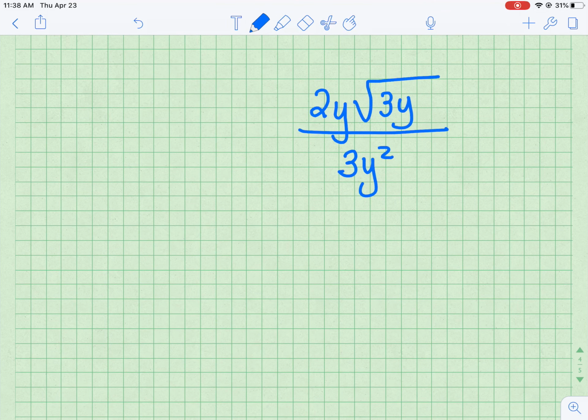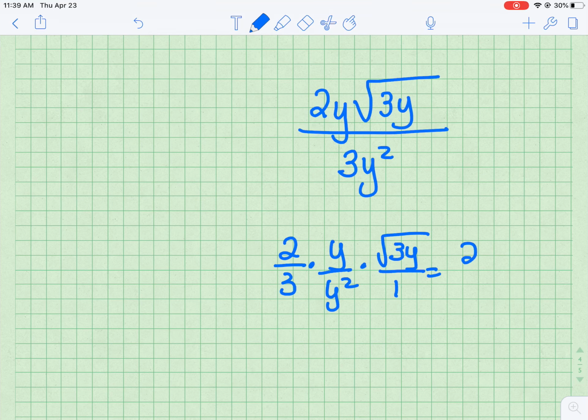You're not quite done yet. Watch. I have 2/3 times y over y squared. I'm just separating things out, times the square root of 3y over 1. Well, can 2 over 3 be simplified? No, that's already simplified. But think back to your rules of exponents. How many y's are we going to be able to cancel out here?